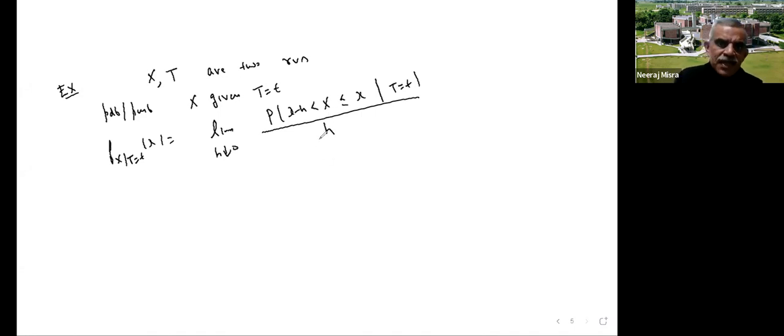That is the first step, right? What would this be? This would be nothing but f of x given t equal to t minus f of x minus h given t equal to t, divided by h. That is the usual definition of a density, right? Because you define this as limit h going to 0, h minus, density exists. This is the same as limit h going to 0.